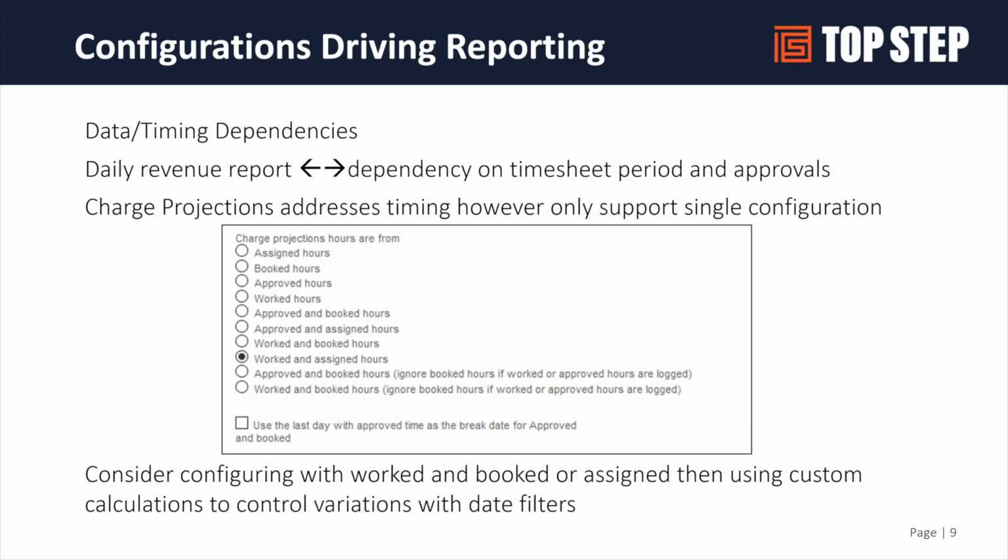So even though your charge projection, let's say it says this year forward, so it's picking up past and future, in the reporting, you could hard code, this month forward for projections. So the report will pull only the projections going forward, even though the charge projection table is populating based on this year in my example. So again, more date considerations as you're building and configuring the system.